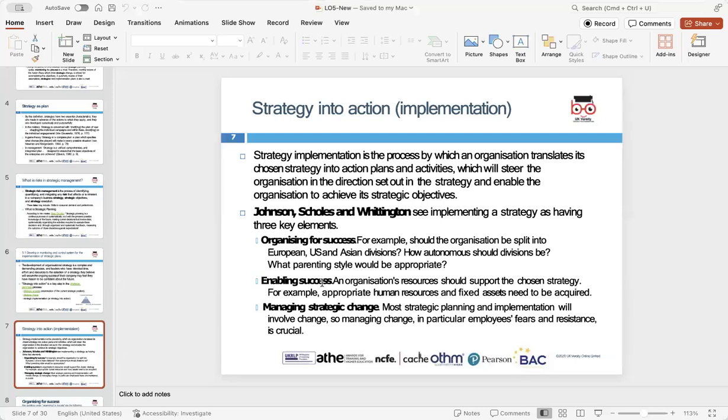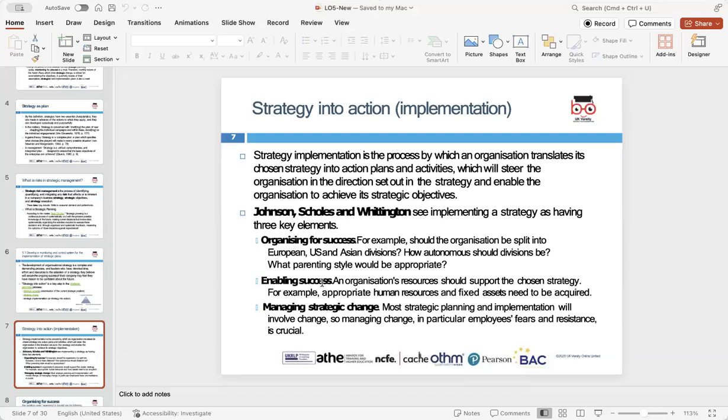Choosing the right structure can significantly impact the effectiveness of the strategy. Next is enabling success. This refers to aligning resources with the chosen strategy. For example, an organization may need to recruit new human resources or invest in fixed assets to support the implementation of a new strategy.